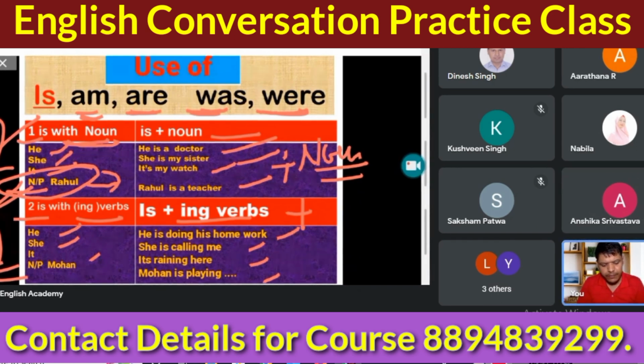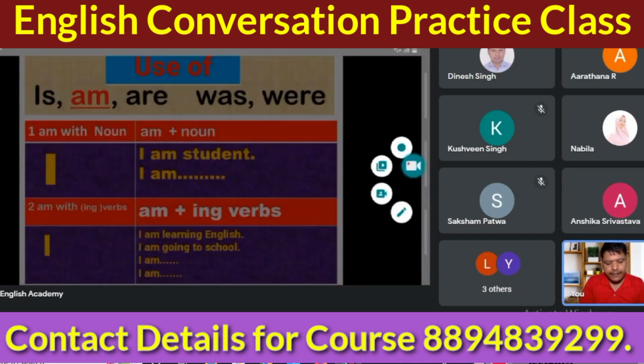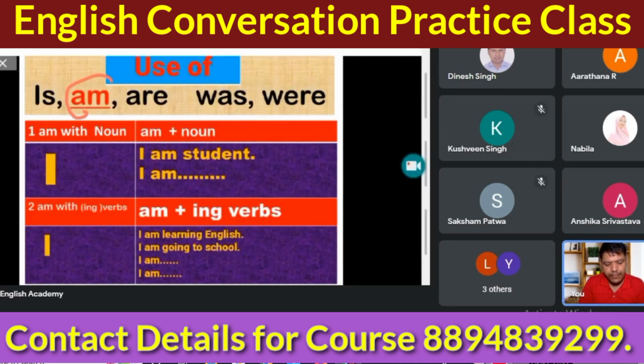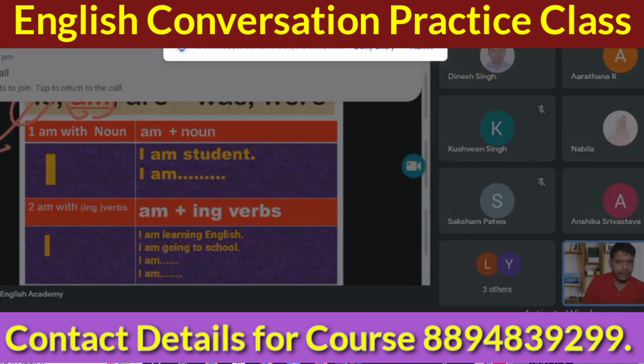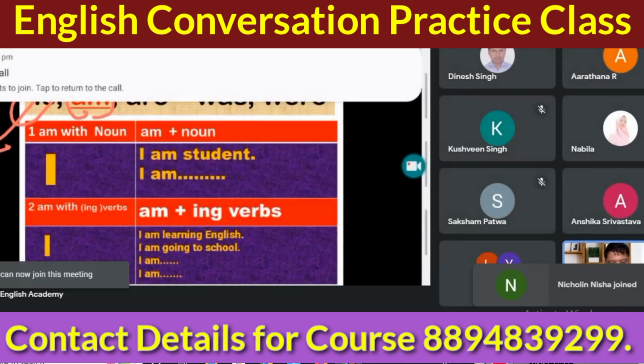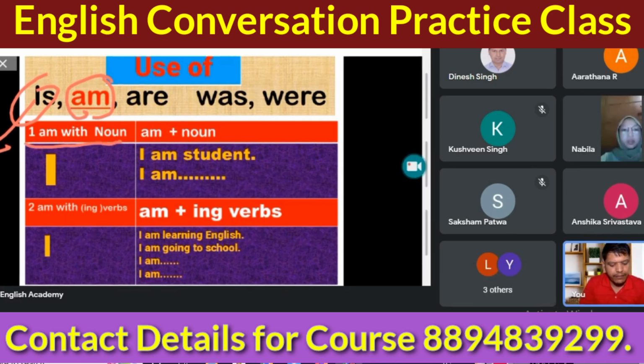Very good. So next is the use of am. Firstly, we have seen the use of is, now the use of am. Now Aradhana will read it. It will follow the same thing, firstly with noun and then after that with ing.